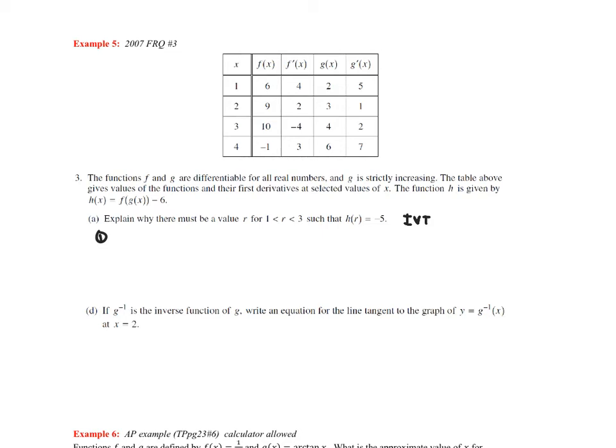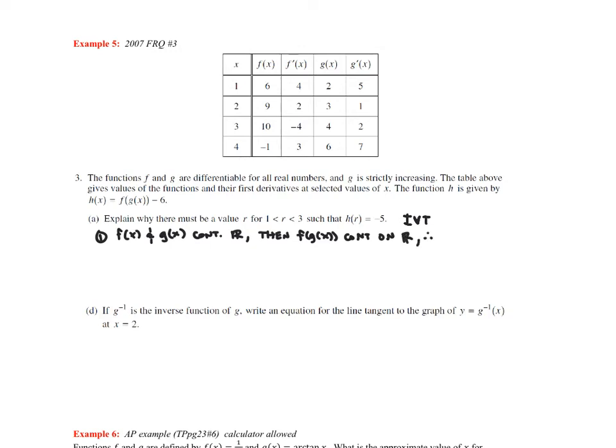Since f of x and g of x are continuous on the real numbers, then f of g of x will also be continuous on the real numbers.